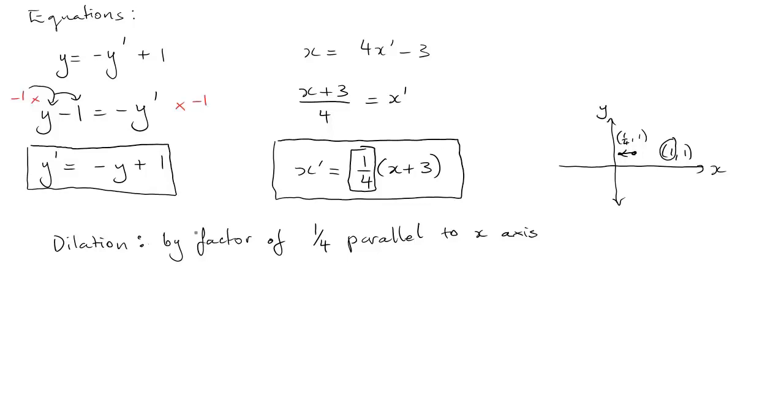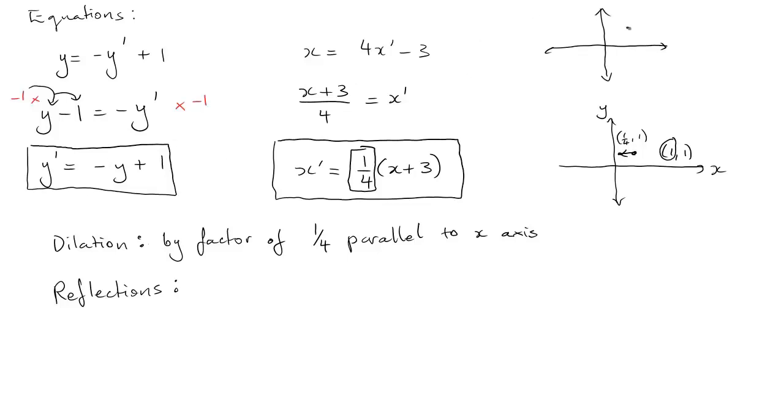Now that we have our dilations, we concentrate on our reflections. To understand what our reflections are doing, we've got a minus in front of our y.